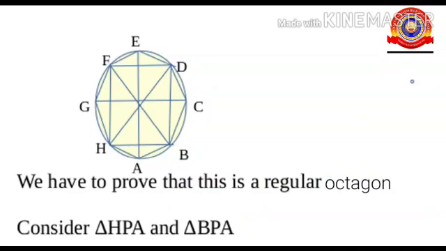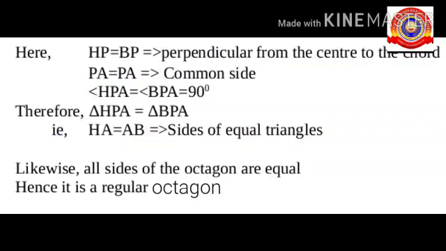Consider triangle HPA and triangle BPA. Here HP is equal to BP because the perpendicular from the center to the chord bisects it, and PA is equal to PA because it is a common side for both triangles. Angle HPA is equal to angle BPA is equal to 90 degrees.